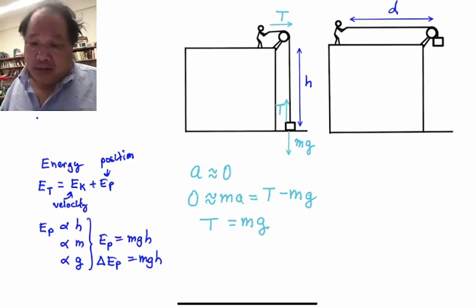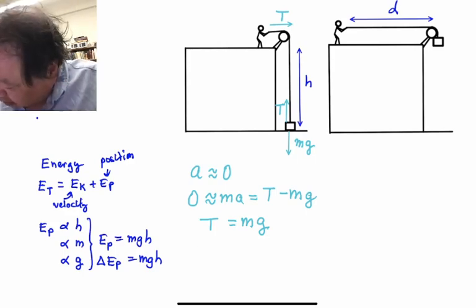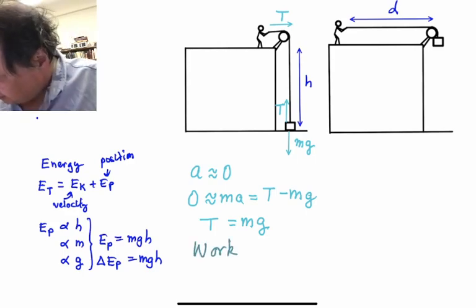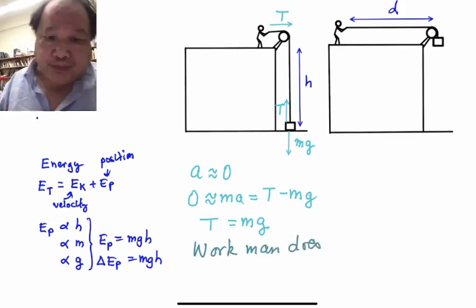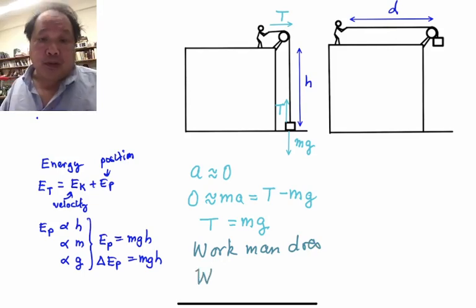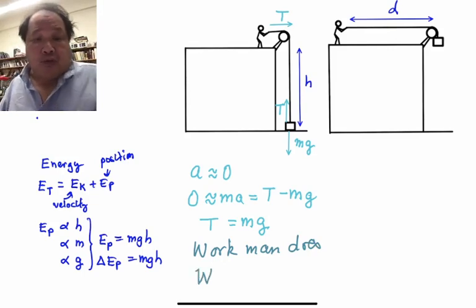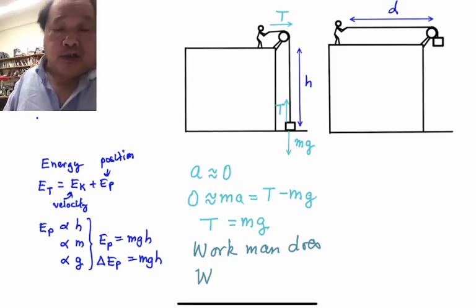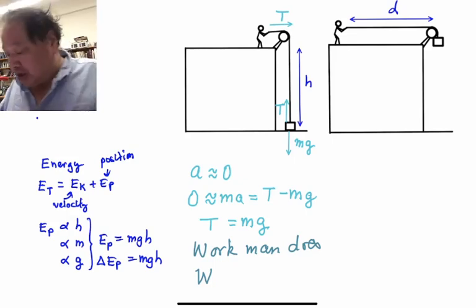And now we're going to put all this stuff together and figure out from the man's viewpoint what's happening. And the man is doing work. He's lifting that block. And what are the things that control this work? Well, the more force that he's feeling, the more work it will be. If you double the force he's feeling, you'll double the work he does.